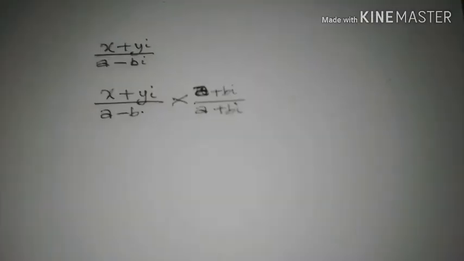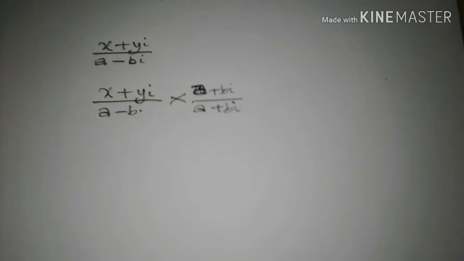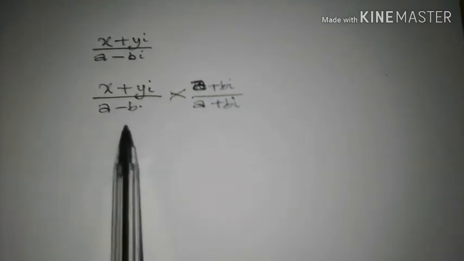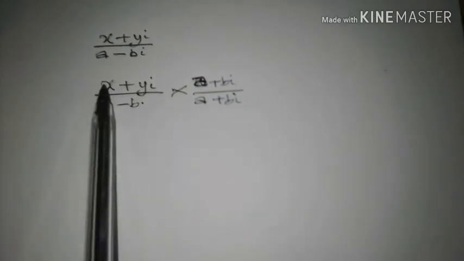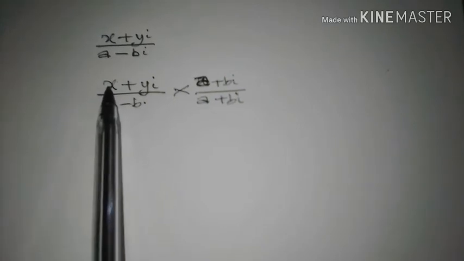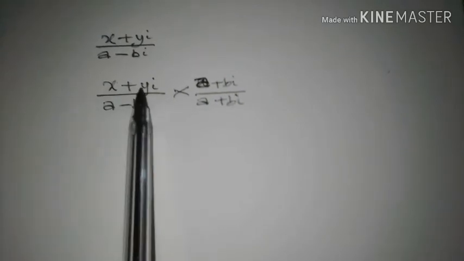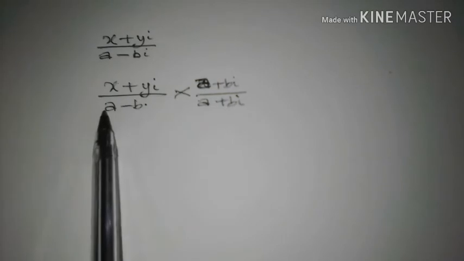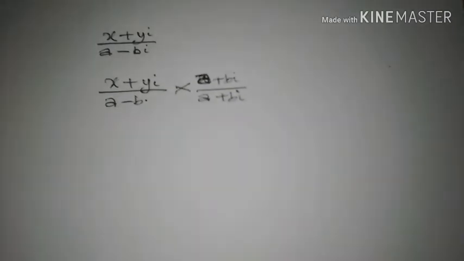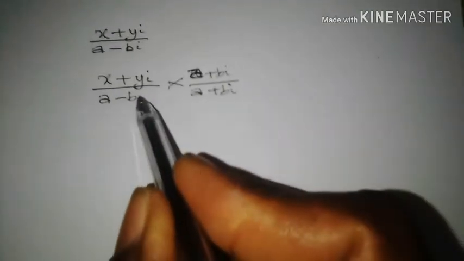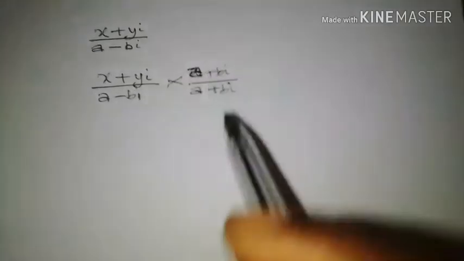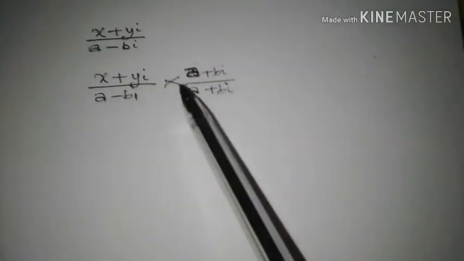Before we go to the question, let's look at this other case that may arise. You may be given another number like x plus yi over a minus bi. Here there is an i, a minus bi, and we multiply by a plus bi.